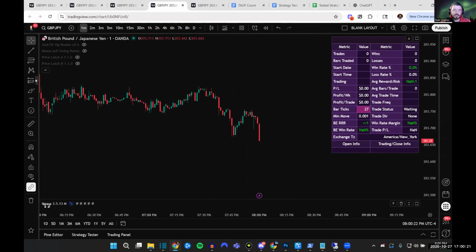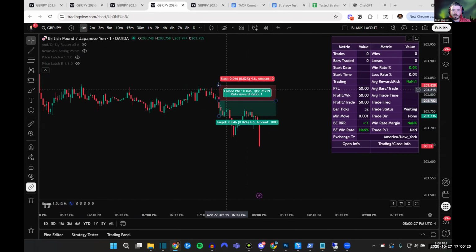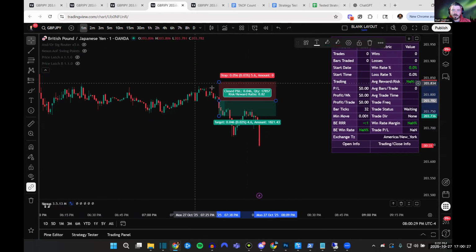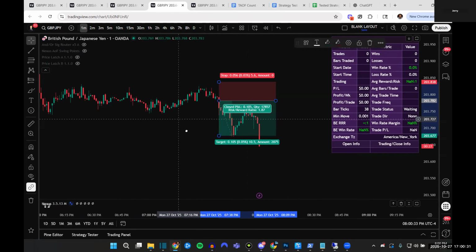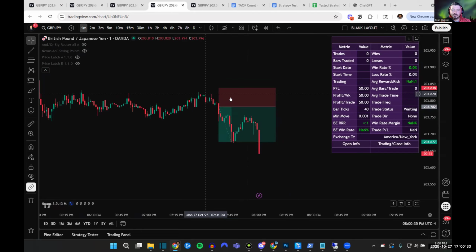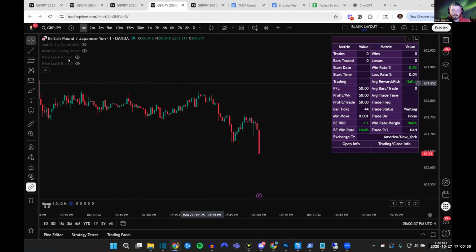For example, if you were to enter a short trade, say right here, you would want your stop at the last swing high right here and target whatever. To do this, I had to write a specific indicator and attach it to these two price latches here, the price latch A and B.